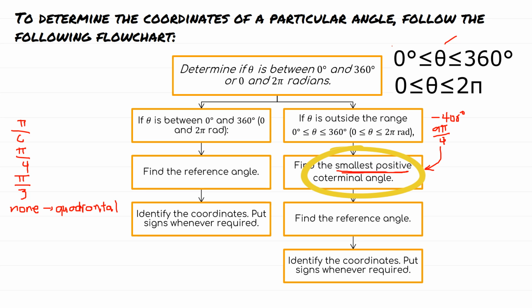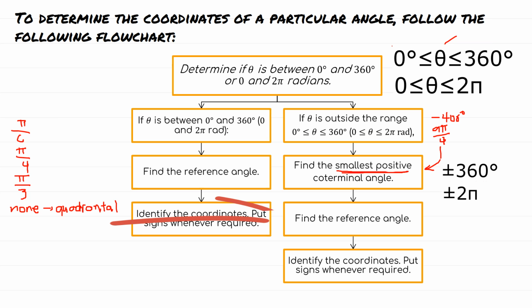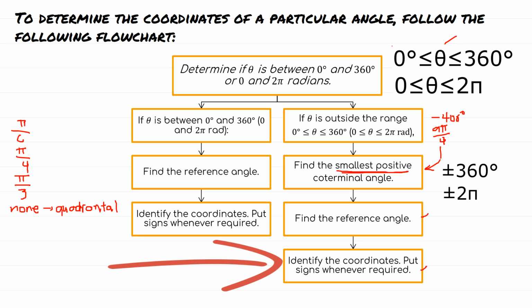So if you would recall your pre-calculus lessons, yung coterminal angle, it's just plus or minus 360 degrees. Or kung naka-radians, that's plus or minus 2 pi radians. So after natin makuha si smallest positive coterminal angle, reference angle na tayo. Then we're going to identify the coordinates.